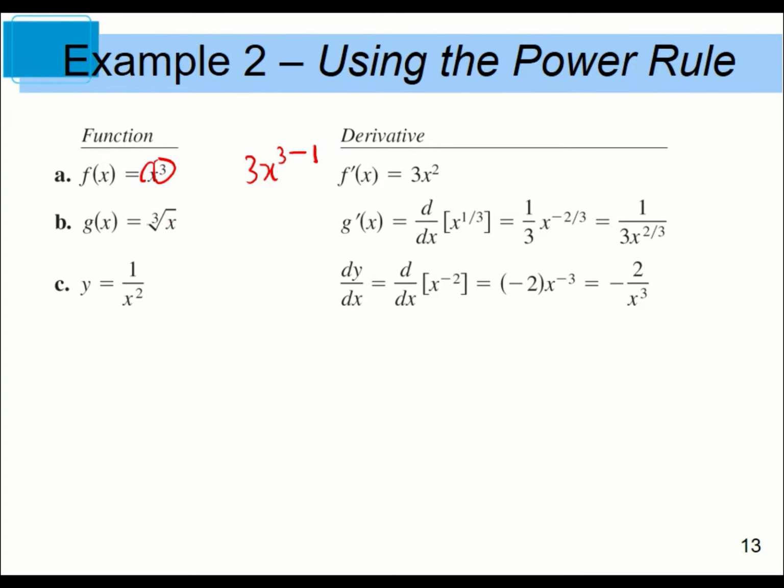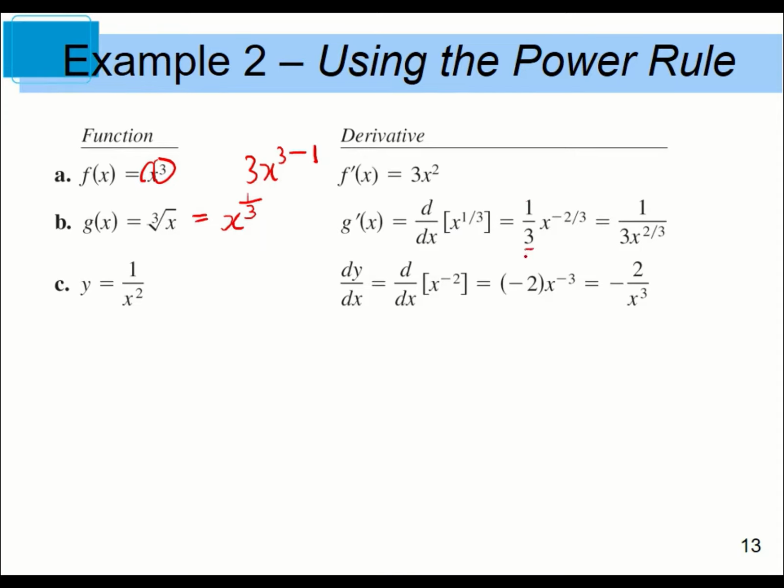to differentiate this one, first we need to change this to the index form. So what is the index of this one? It will be 1 over 3, the power is 1 over 3. Now when we differentiate this one, first we bring the 1 over 3 down to multiply, so we have 1 over 3 here.